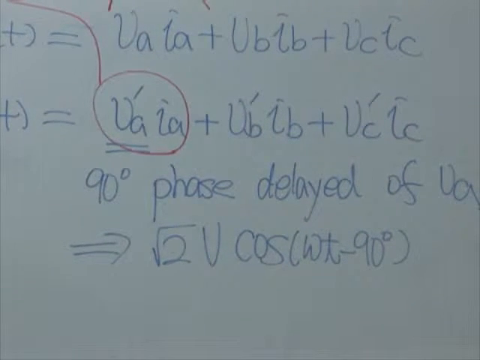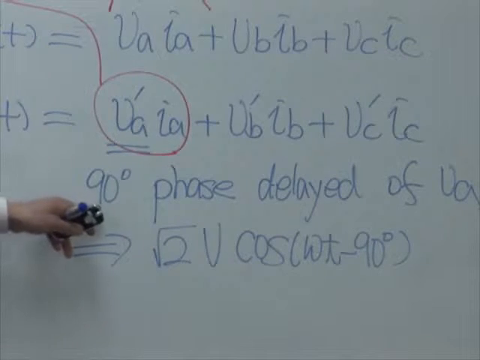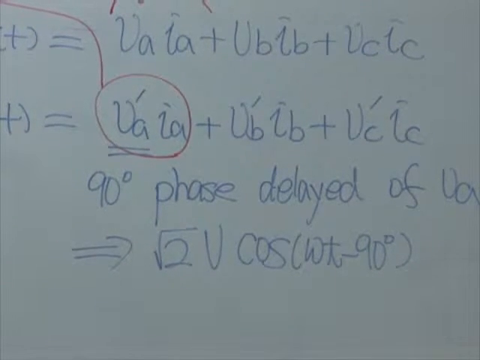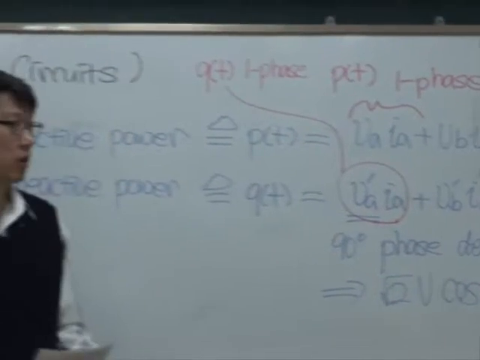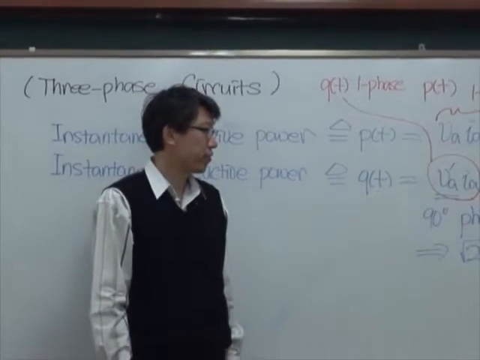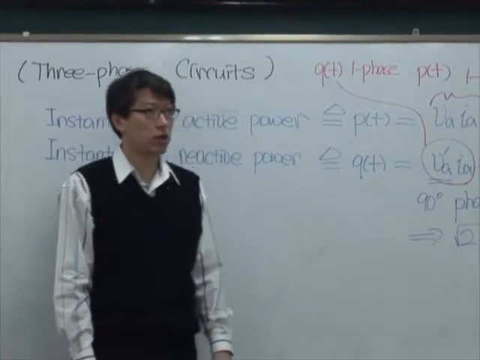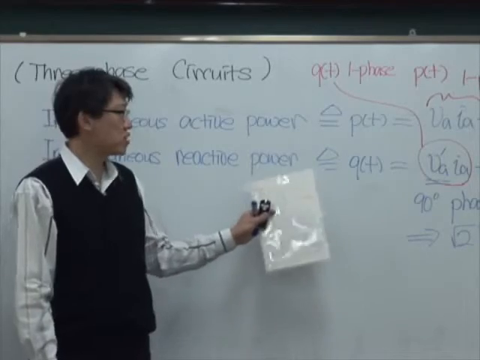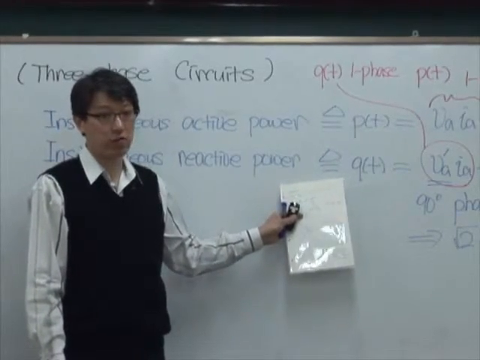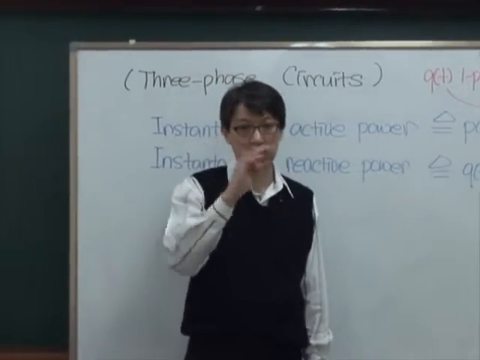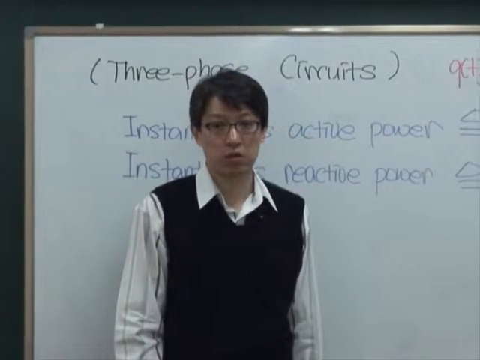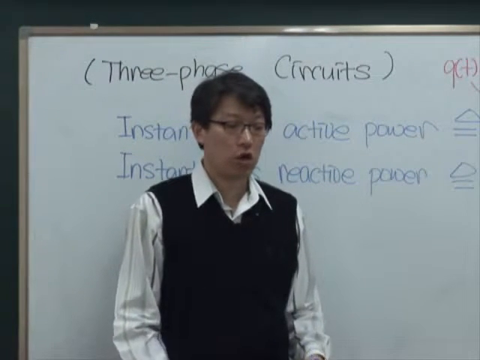Some of the students might ask the question, why 90 degrees? In the complex domain, this is the imaginary axis, right? Imaginary variable. So imaginary is kind of a 90-degree phase shift.